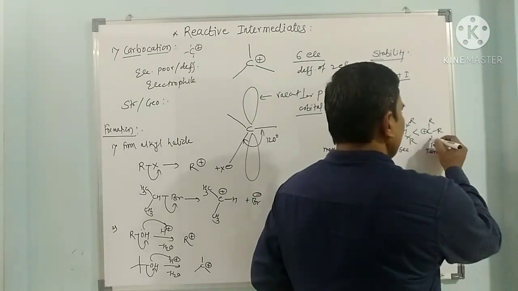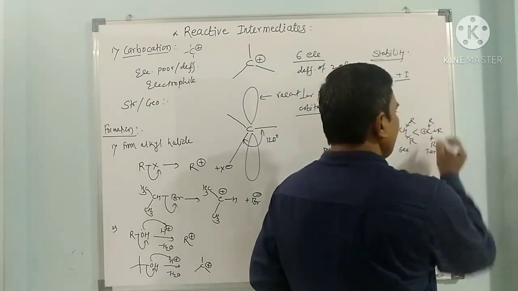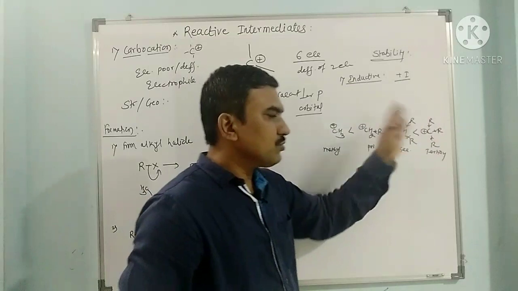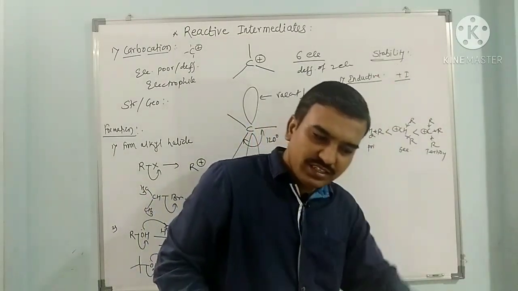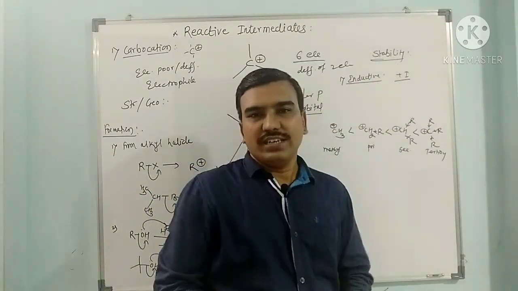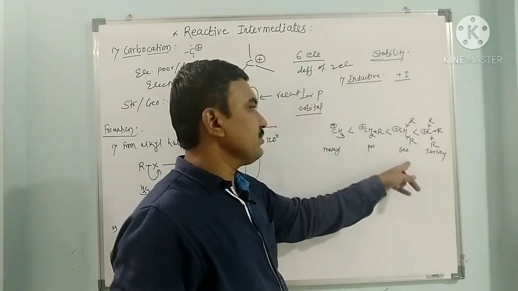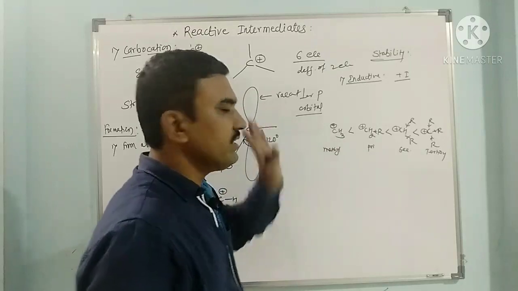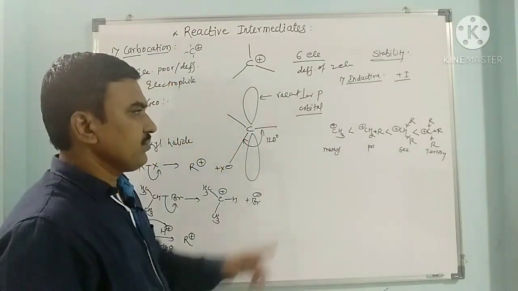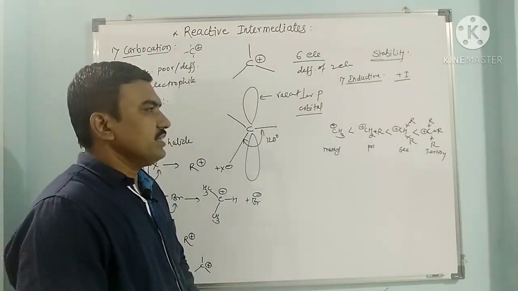In this case 1, 2, 3 alkyl groups donate electrons to C plus, so its positive charge decreases again and its stability is enhanced. So tertiary carbocation is more stable than secondary, secondary more stable than primary, primary more stable than the simple methyl carbocation. So this is the inductive effect.